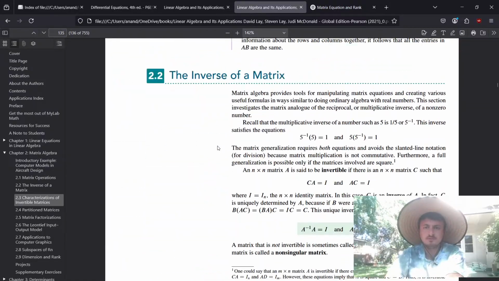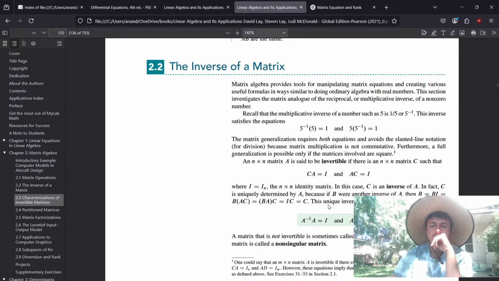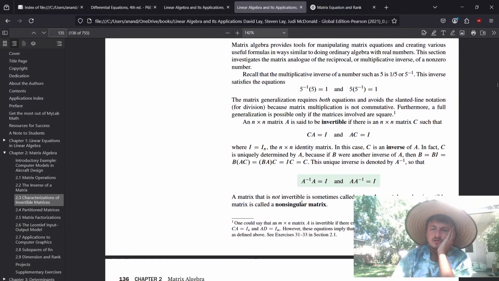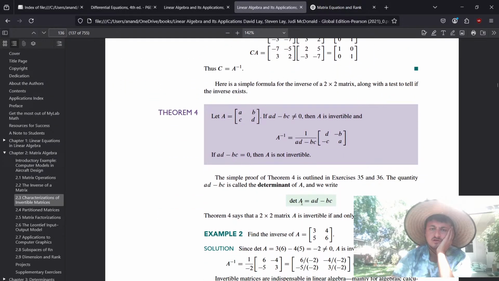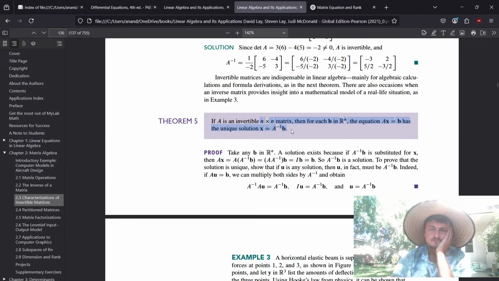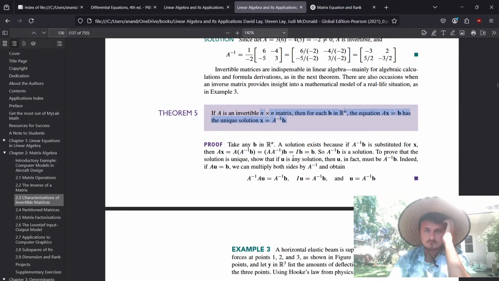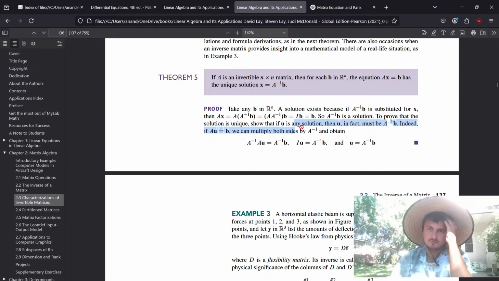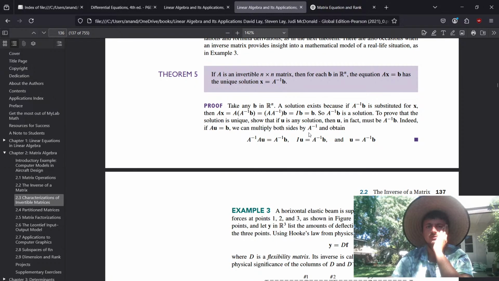All right, 2.2 describes the definition of invertible, the fact that inverse is unique, the 2x2 formula for inverse, the definition of determinant, the uniqueness of solutions.